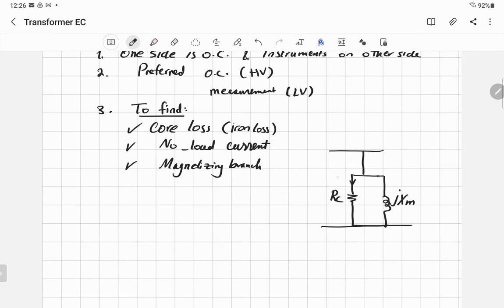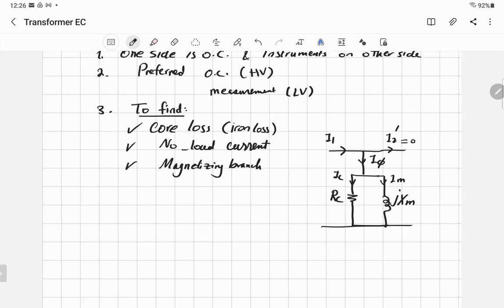The current in this one will be IC, and the current in this one we'll call IM. The magnetizing current I phi is the total current, and the current I1, and here, as you know, that's I2 dash, which is equal to 0.